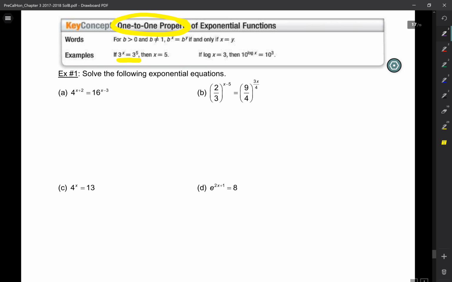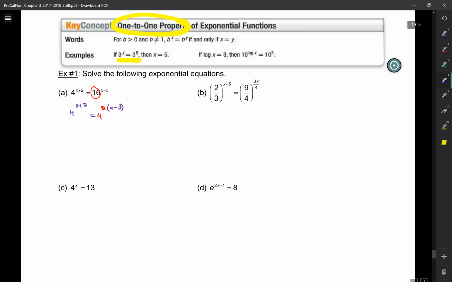The point is to get the bases of the powers to be equal to each other. They don't necessarily have to be 2's. In this case, you have a 4 and a 16, and you don't have to make both of the bases into 2's. They just have to be equal to each other. So this is 4 to the x plus 2 equals 16 to the 2x minus 3.